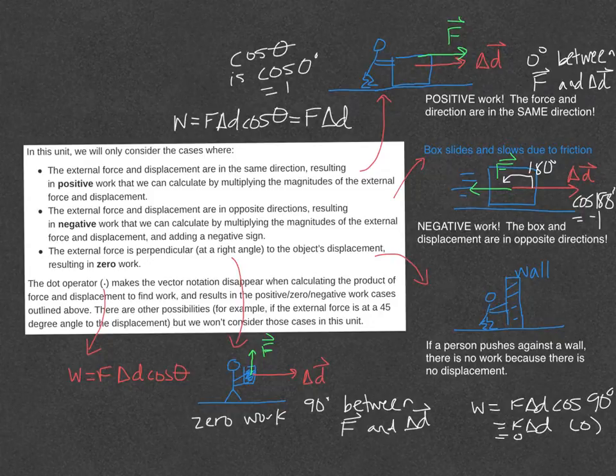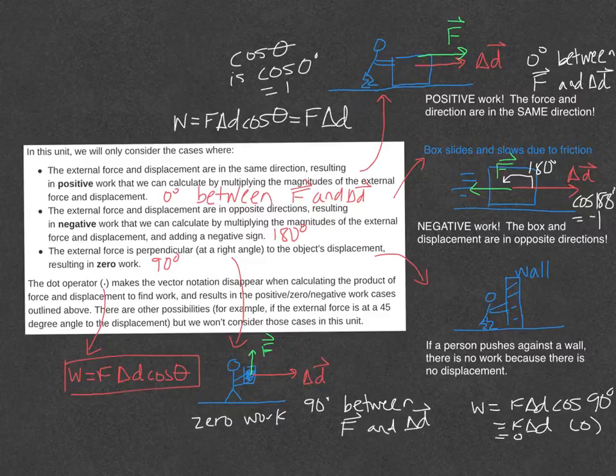So I'm just going to summarize: for positive work, there's 0 degrees between F and D, so we'd put cos 0. Here we'd have 180 degrees between F and D, and then we would have 90 degrees between F and D. And that will give us our positive, our negative, and 0 if we use this form of the formula.